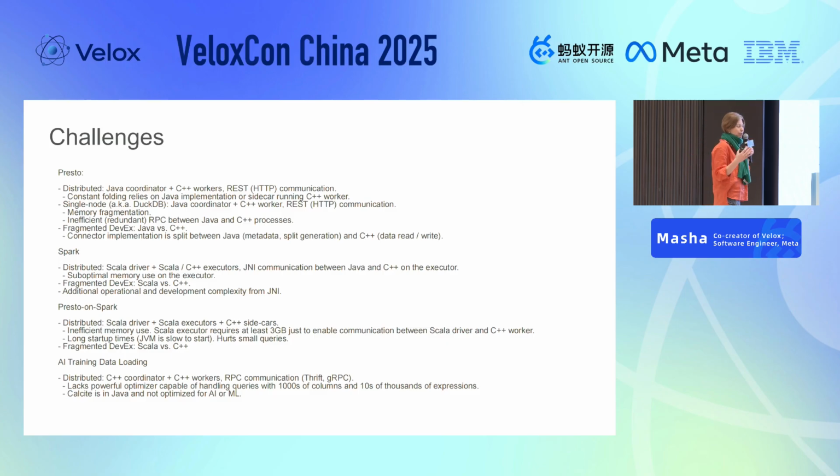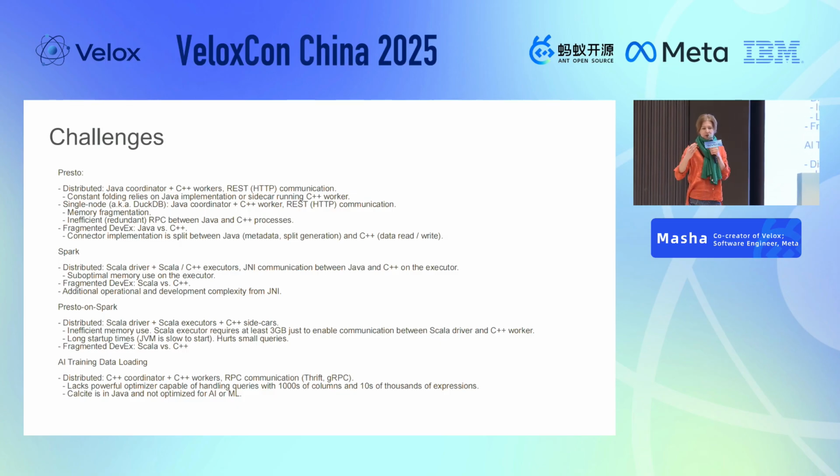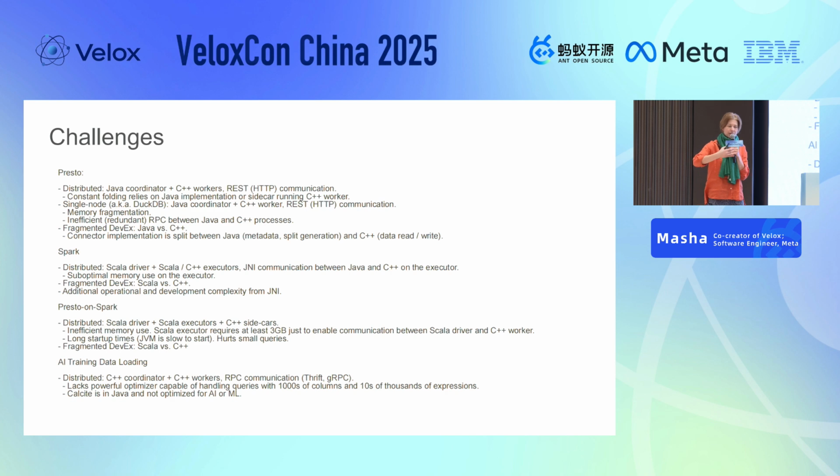We have also seen wrinkles where the optimizer needs to collaborate with the execution, for example, for constant folding. If you have an expression in the query that doesn't depend on anything and can be evaluated without reading any data, we want to do that so we can maybe then optimize the query further.